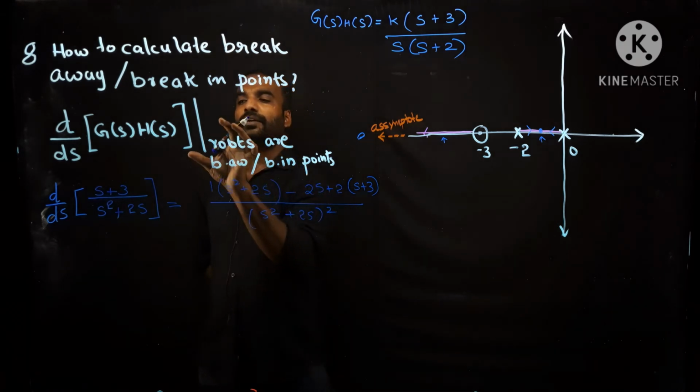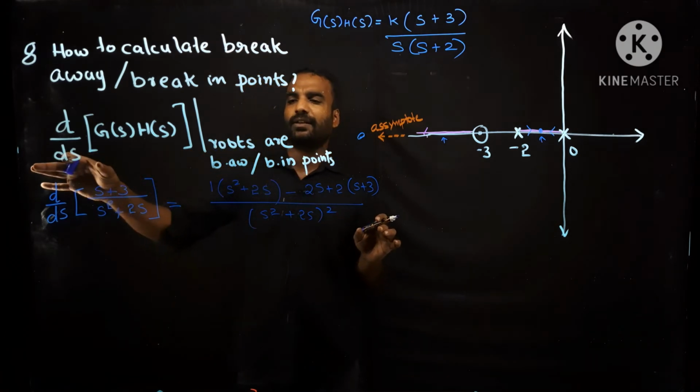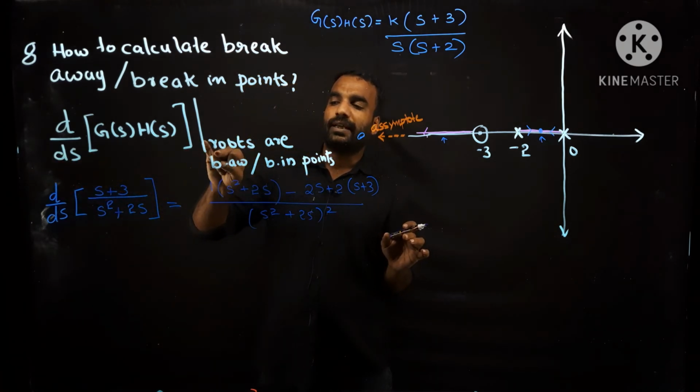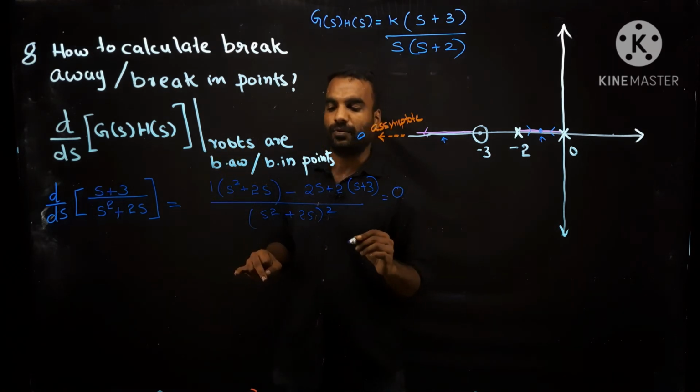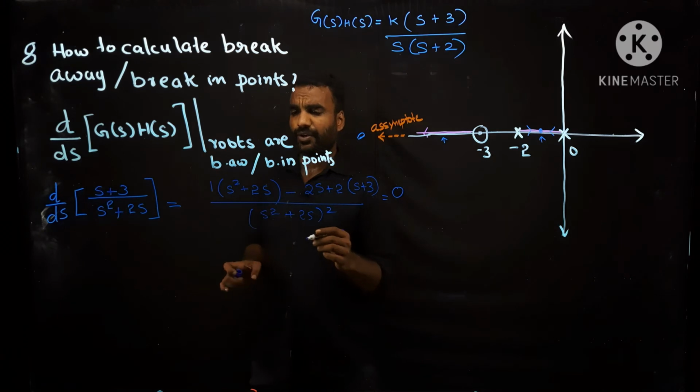But we know that we have to find the derivative and then we have to find the roots of that equation. So we have to put that equal to 0. So the numerator will be equated to 0.